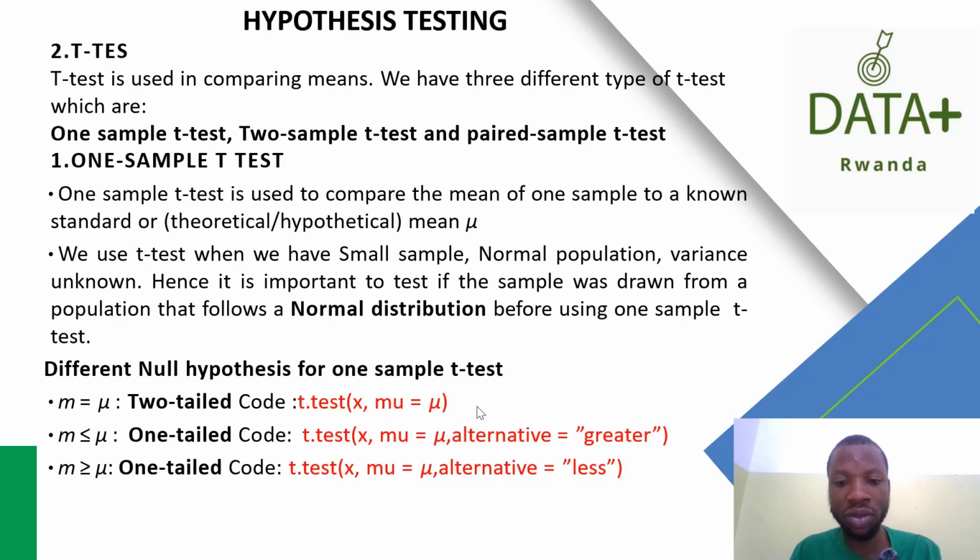Let's assume we are in an industry providing biscuits and other different products, but we are focusing on one product. Then they put the statement that the average total sales in the company, the biscuit contributes about 500 USD per day, for example.